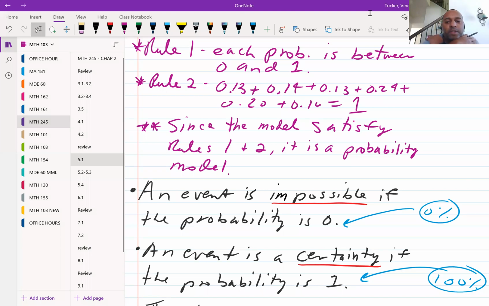An event is impossible if the probability is 0. An event is a certainty if the probability is 1. So notice, 0 is a 0% chance of something happening, and 1 is a 100% chance of something happening.